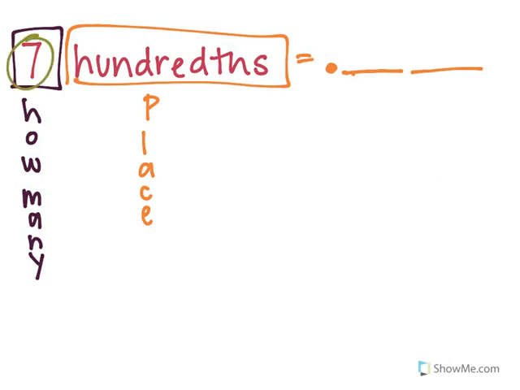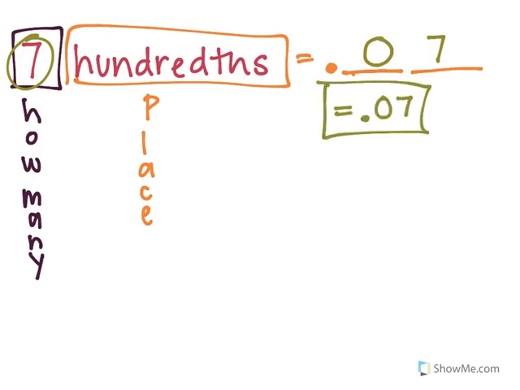I have 7 hundredths, so I need to make this look like 7. Does that look like 7? No, that looks like 70, so that's not the right way. So instead I need to put the 7 here and the 0 in front to get 0.07. So that's 7 hundredths right there.